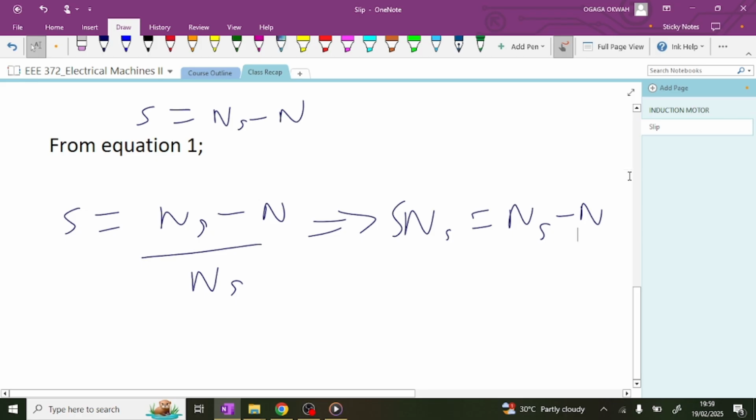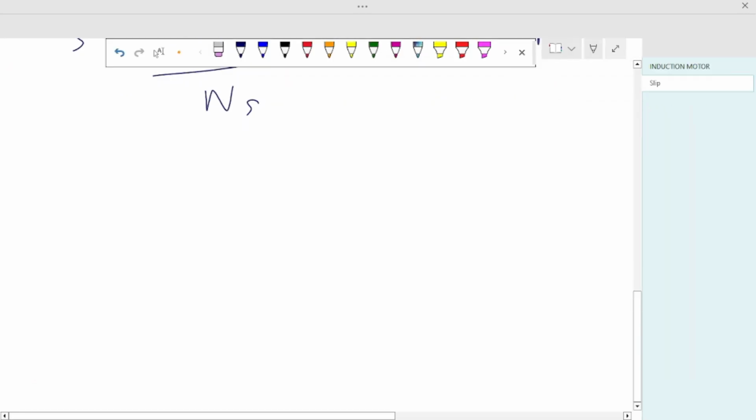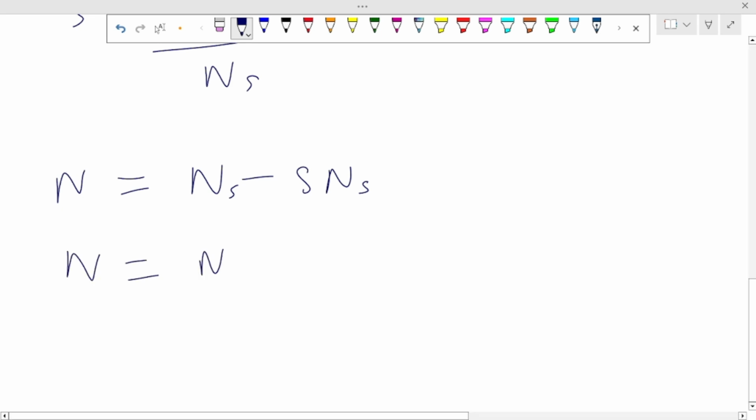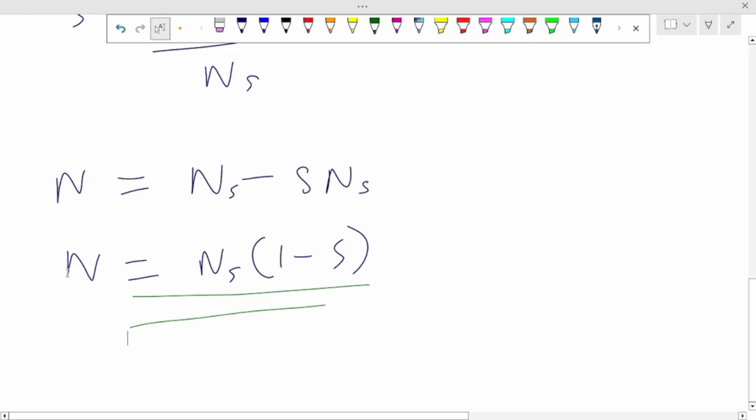We'll have n equals ns minus s ns, and that means we can just factor out ns. So n equals ns times (1 minus s). We can hold this in, bear this in mind. I think we'll need it later to calculate our rotor speed.